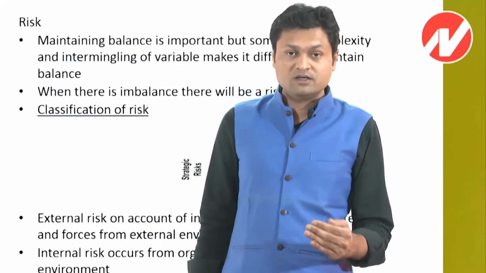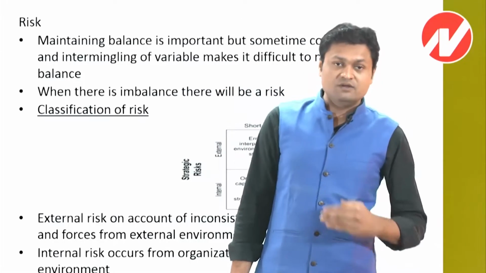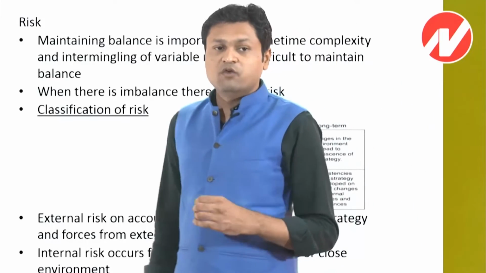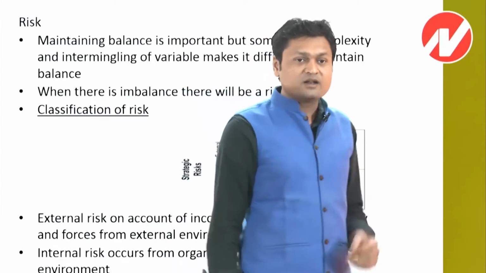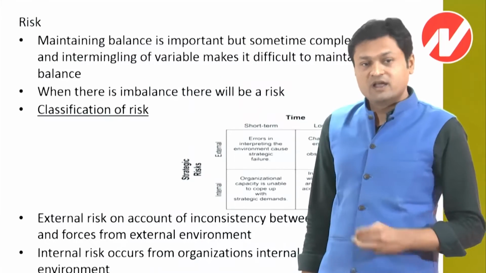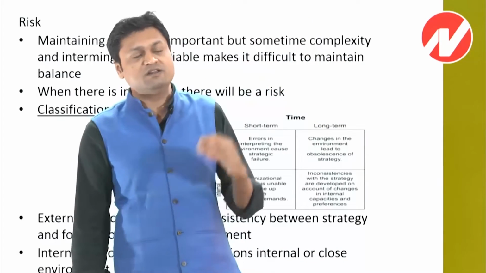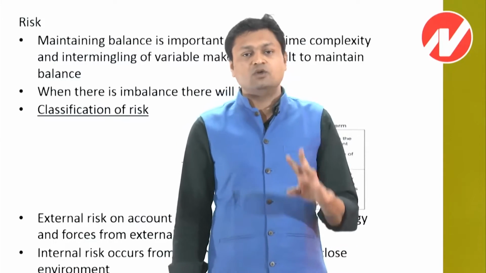One is the external risk, another is the internal risk. External risk matlab it is a risk created on account of inconsistency between strategy and forces from the external environment. And internal risk occurs from the organization's internal environmental factors, like inconsistency between strategy and internal resources. These are the two types of risk.